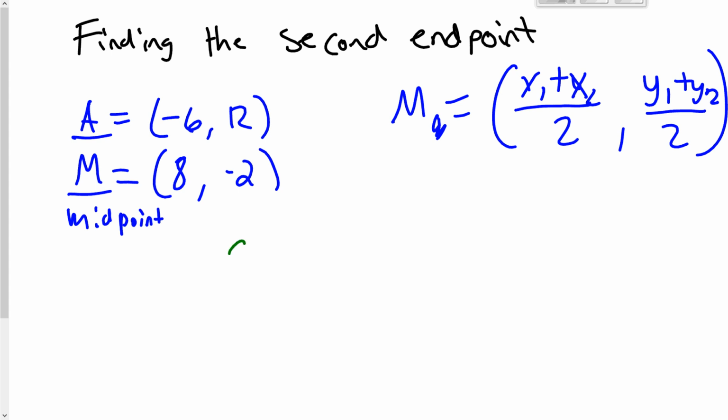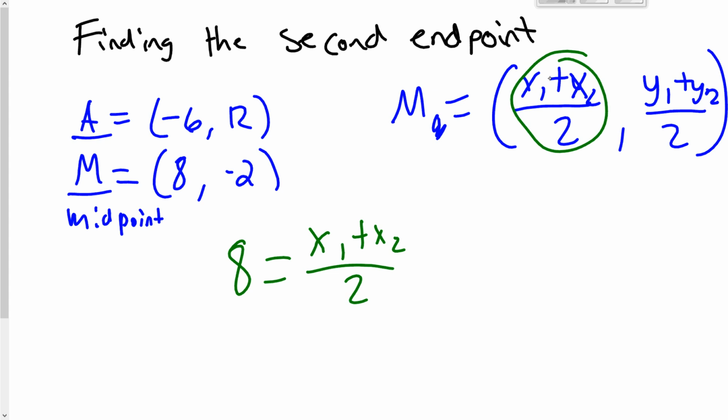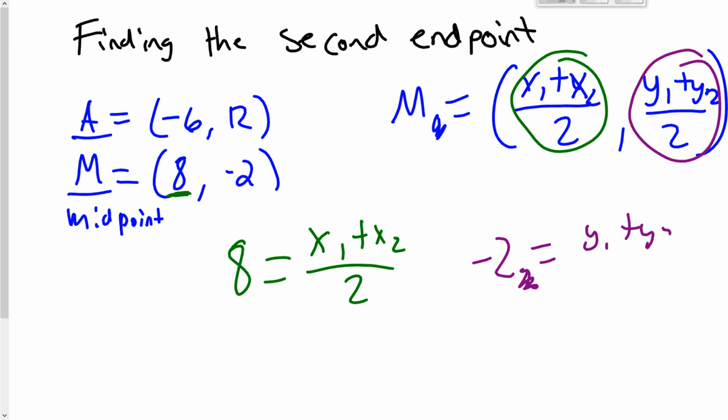So that means 8 would equal x1 plus x2, because that's your x value of midpoint, right? This is my x value of my midpoint, and my x value is 8, so 8 would equal x1 plus x2 over 2, and your y is negative 2, and that would equal your y value of your midpoint. So negative 2 would equal y1 plus y2 over 2.